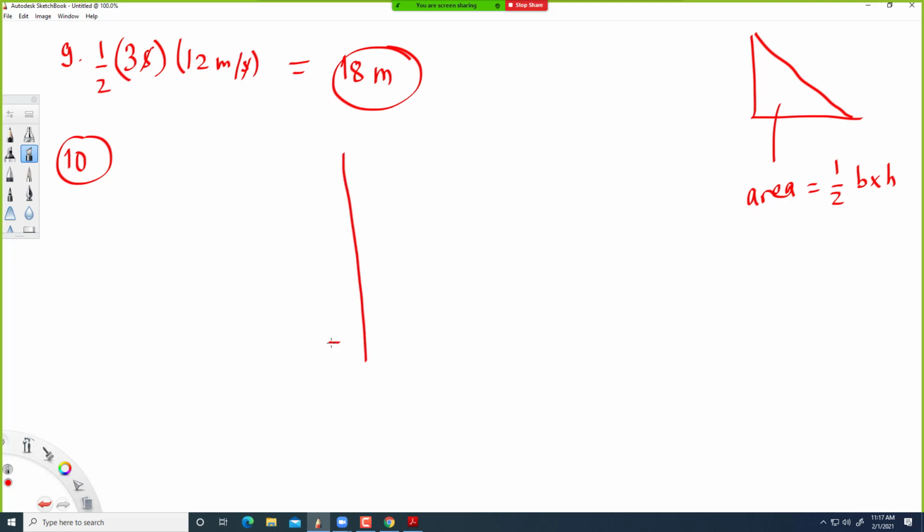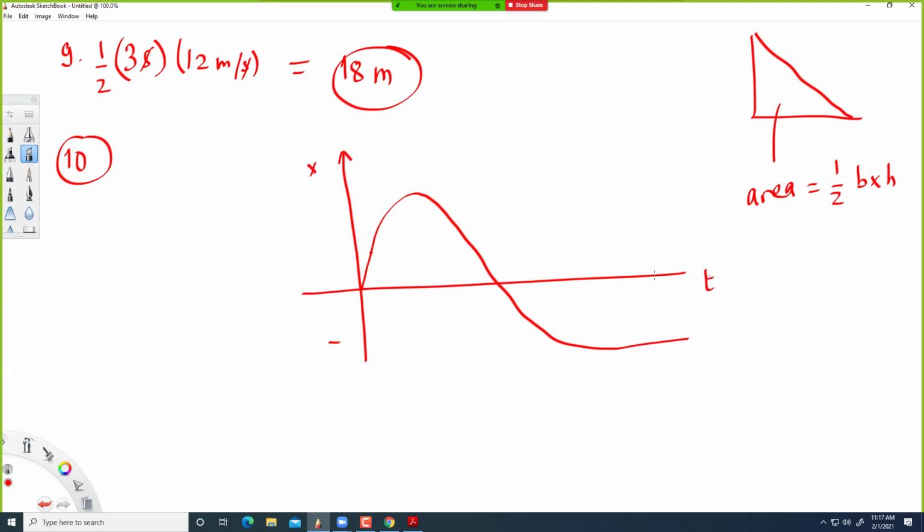So we have a graph like that. So this is position, that's time. So obviously the displacement is not 0 at point A, because it goes from this point to this point, upward. That's the position. As time passes, the car would be at this position.